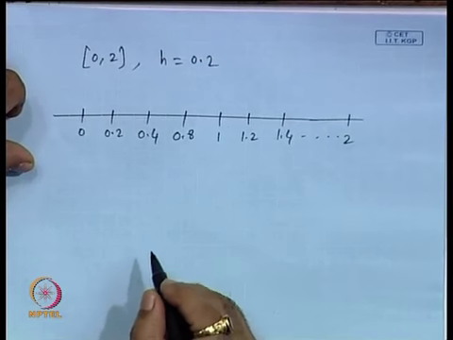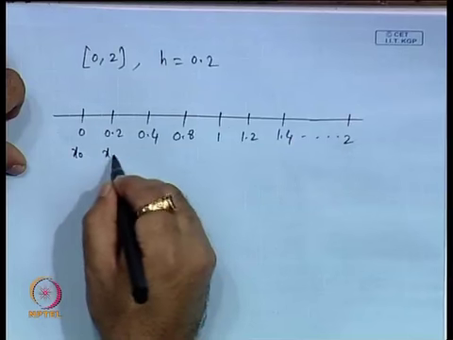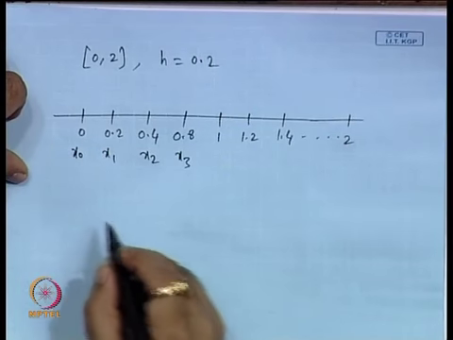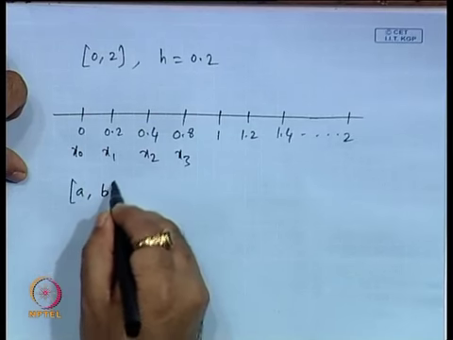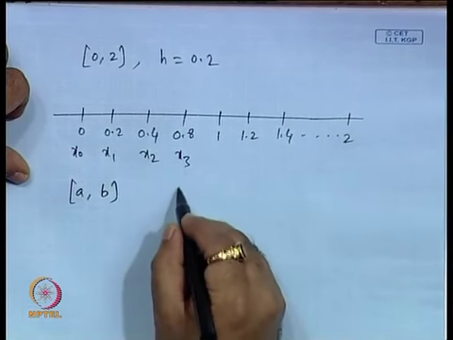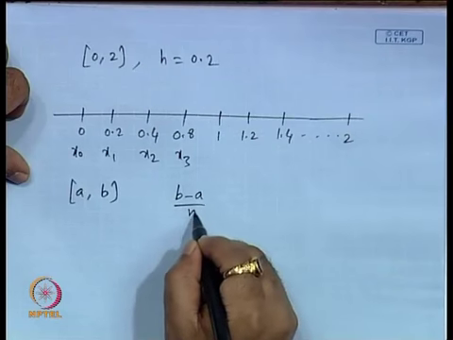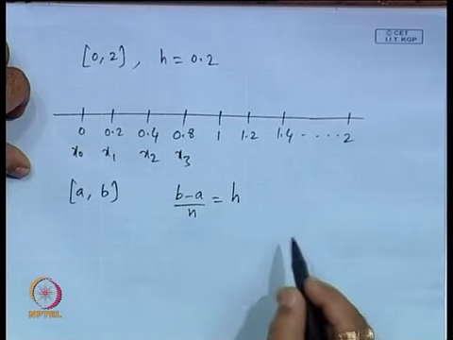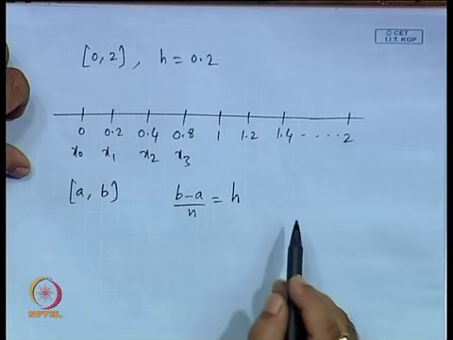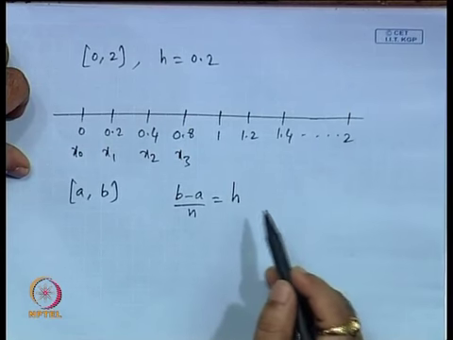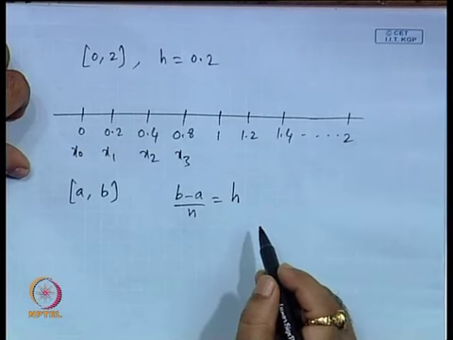This is our x 0, x 1, x 2, x 3, etc. In general, if a, b is our interval and we divide it into n points, then b minus a by n is h. With this motivation we try to solve numerical methods. I would like to define IVP more formally in my next lecture.